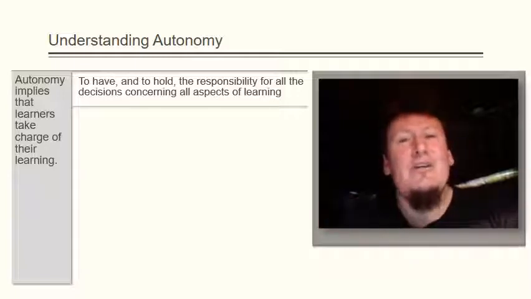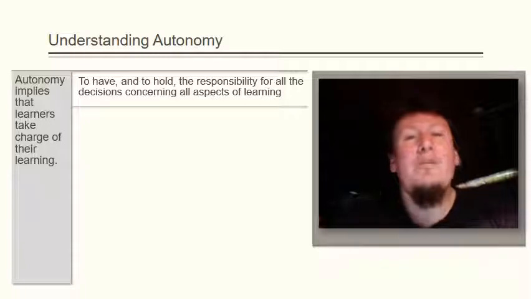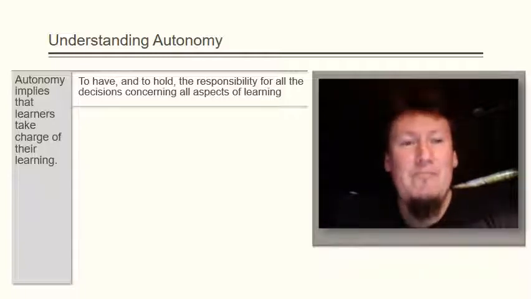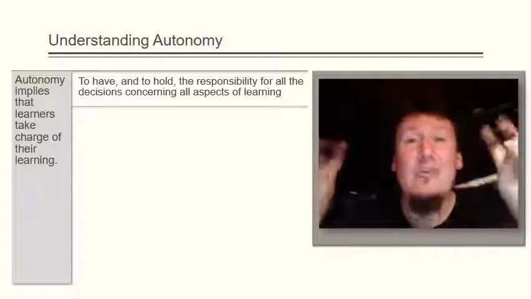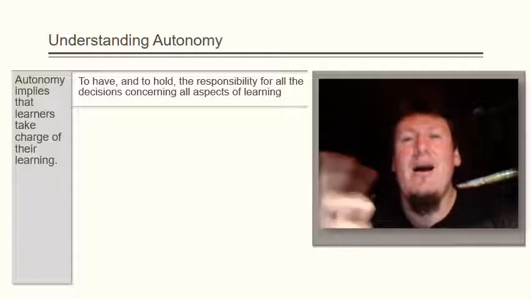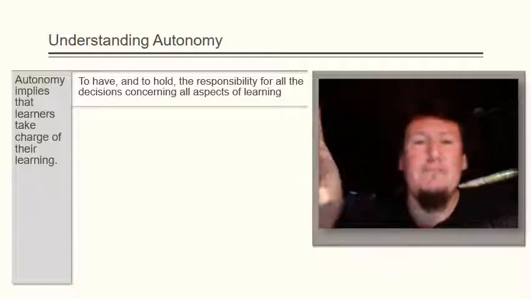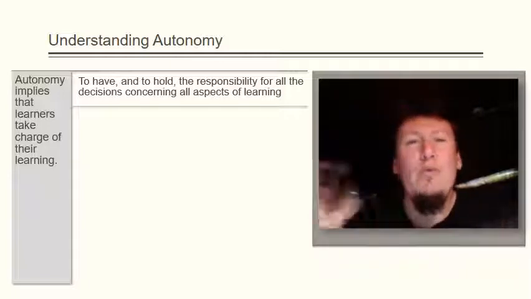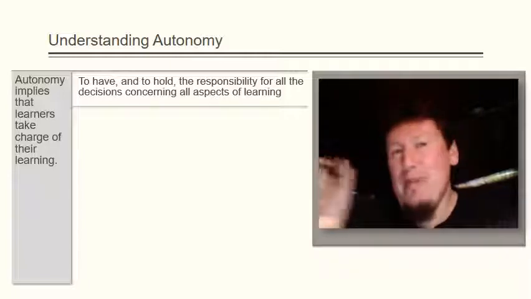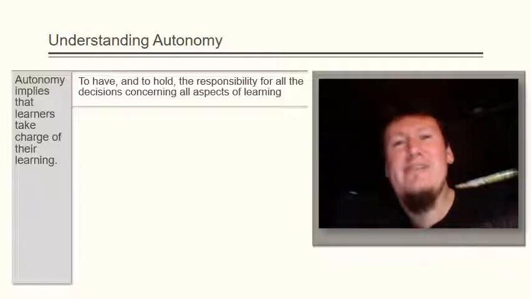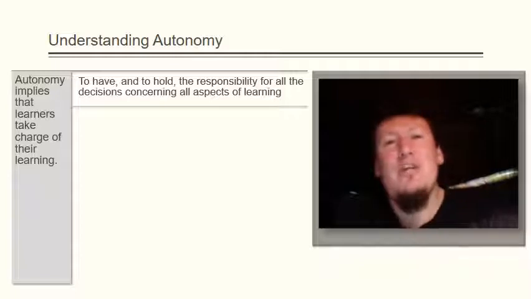The teacher, on his or her side, also needs to be responsible in helping the student make those choices and take charge. Remember, we always have that dichotomy of teaching and learning, teaching and education, right? We always put them together because we can't separate them. So why would we dare to separate autonomy from teaching?